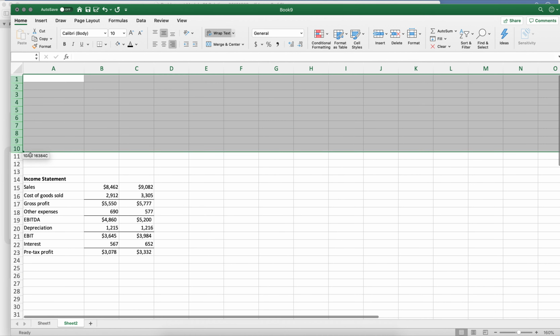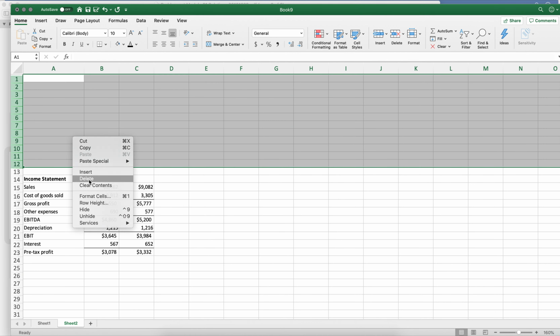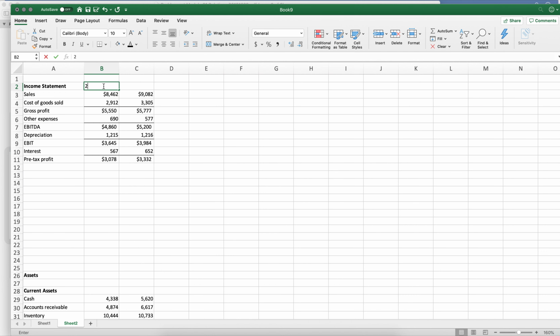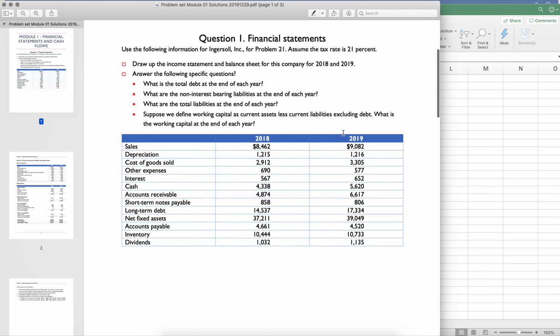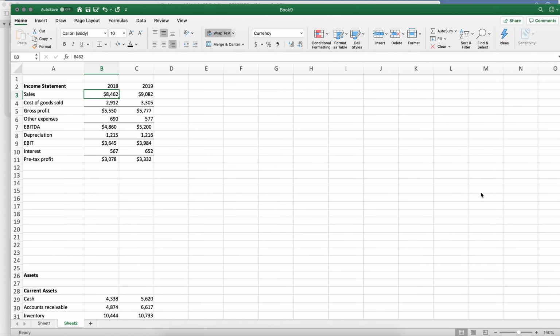Okay, let's delete a few of these. This is 2018 and 2019, I believe. 2018 and 2019. Okay, and then we need taxes are 21%, so let's pay our taxes, 0.21. And this will be our after-tax profit.